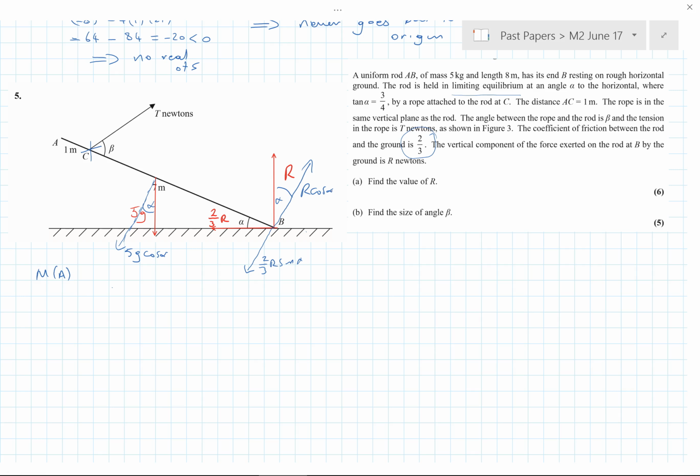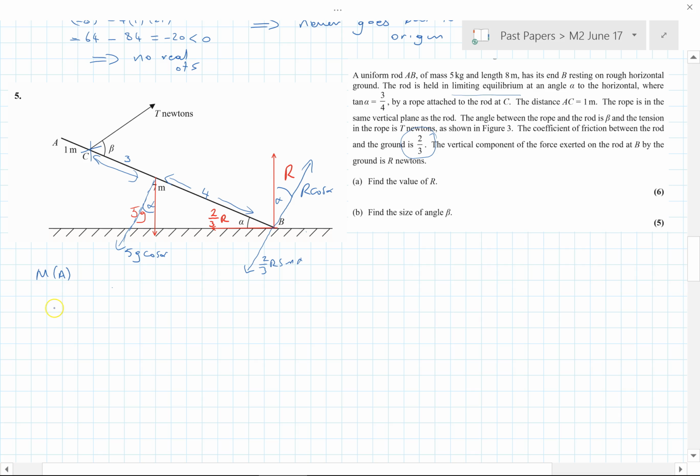So we're taking moments about C. Now let's look at the distances. This is clearly 3 meters from here to here, but it's another 4 from here to here. Okay, so that should make it fairly straightforward. Now the ones that are going clockwise in this case are the frictional force, the 2/3 R sine alpha, and the weight.